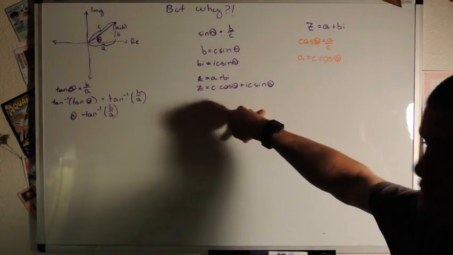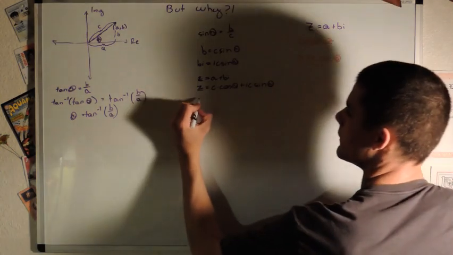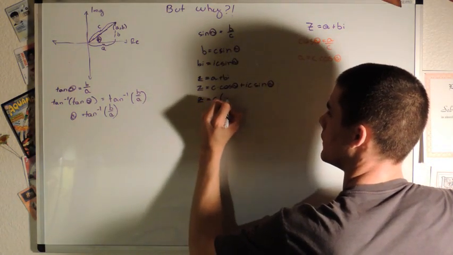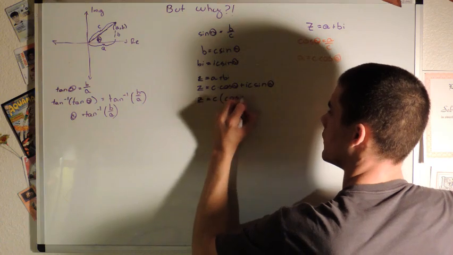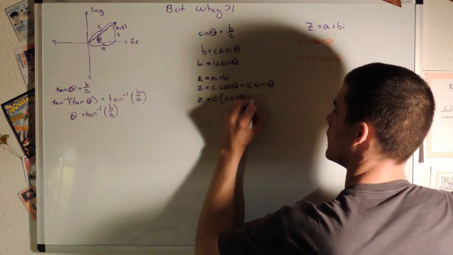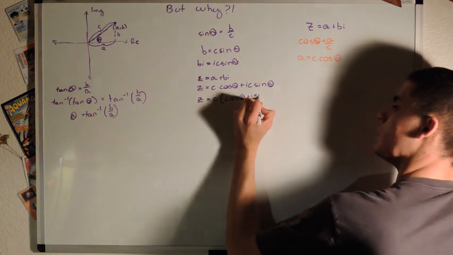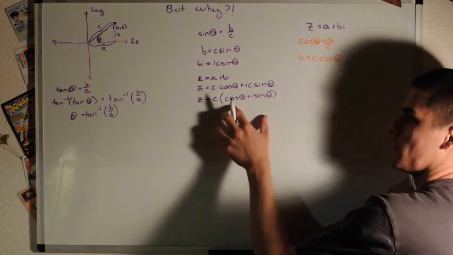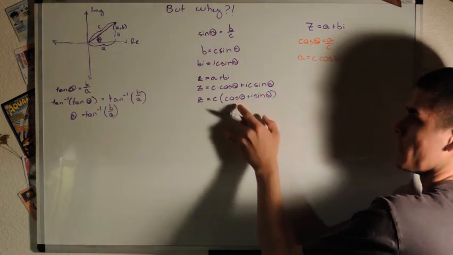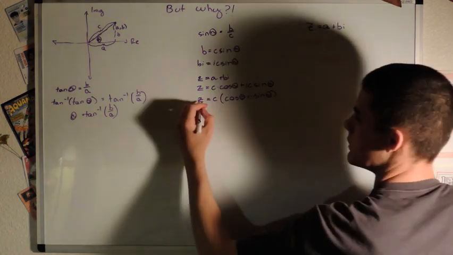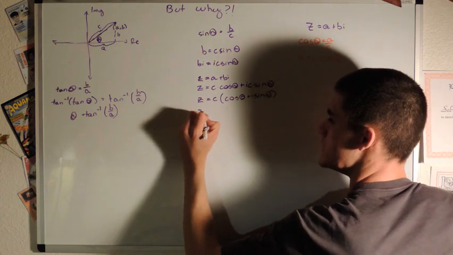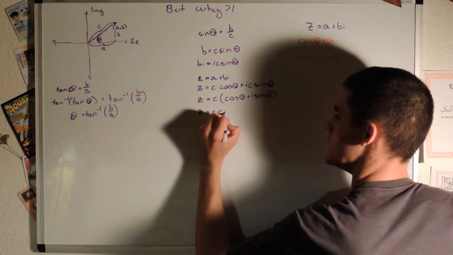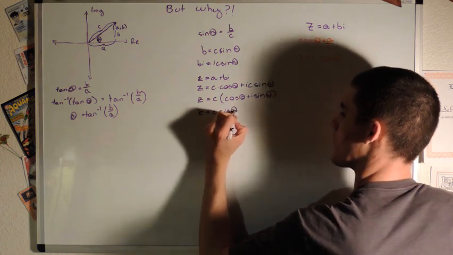I'm going to factor out c. As I previously mentioned, cosine plus i sine theta is often expressed as cis. So z is going to equal c times cis theta.